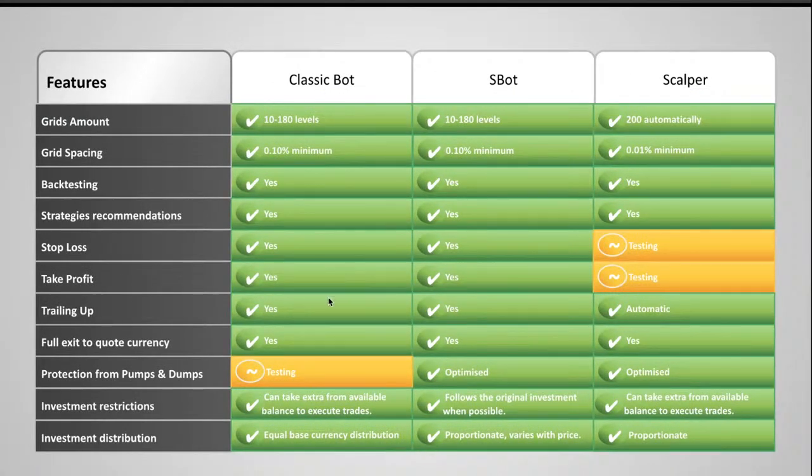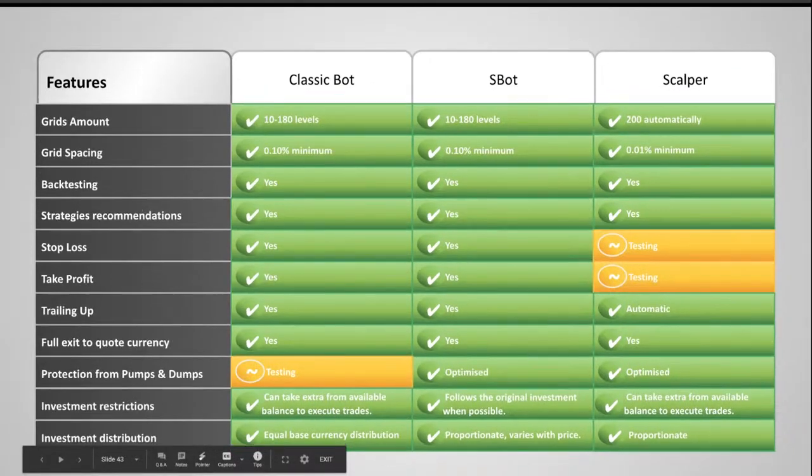What makes the unique value? You see that the classic bot looks like the S-bot, same configurations here, all right? But with the S-bot we have optimized protection from pumps and dumps, and I will show you the example also in 10 minutes. We have a slightly different investment configuration here.